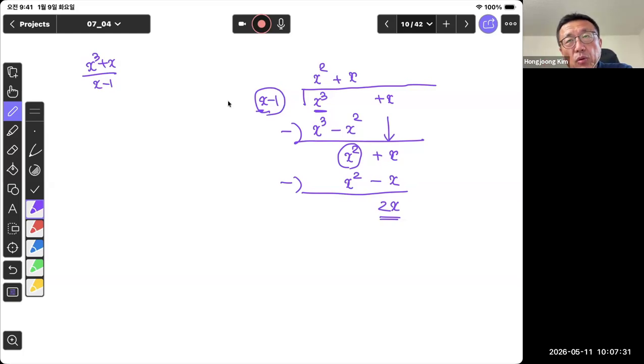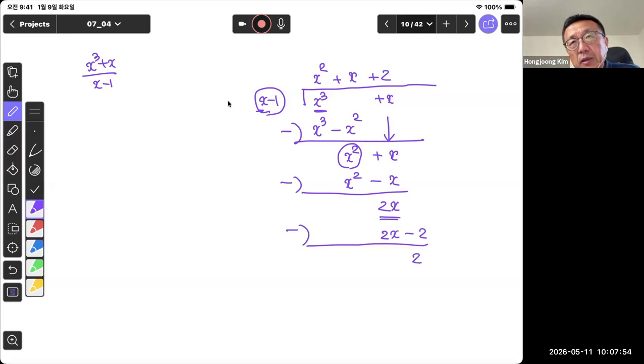So I need to go one step further. So 2x divided by x will be 2. So if I multiply 2 to x minus 1, you get 2x minus 2. So if I subtract the expression below from the expression above, 2x, then you get 2.